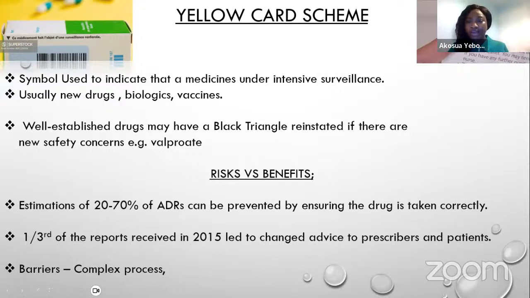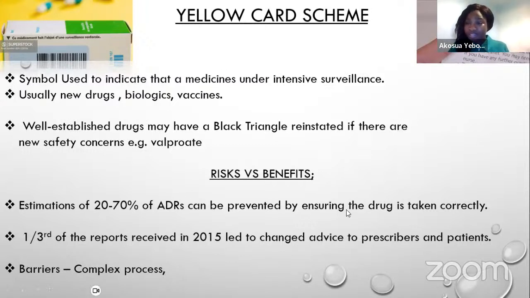It helps people report, and it helps GPs and patients to get better advice, and there's always a change and improvement in how patients can comply with or use their medications.